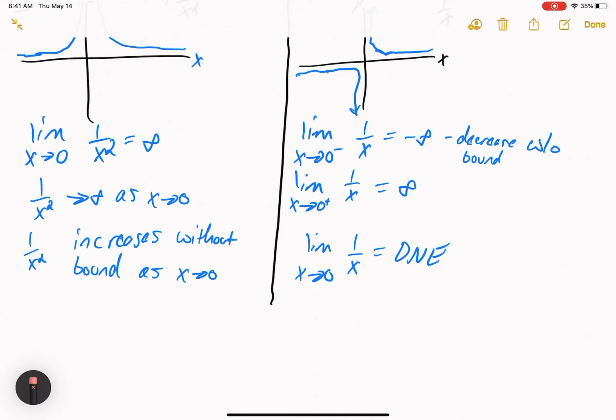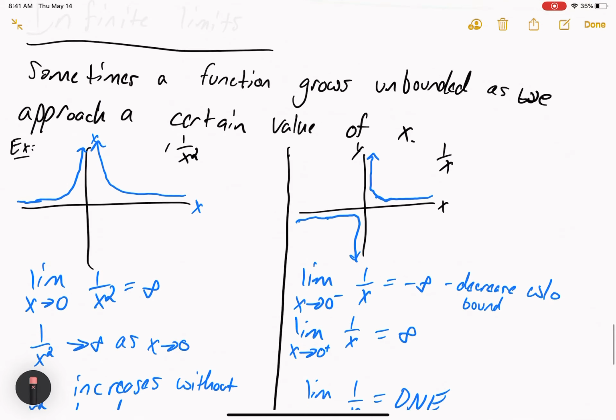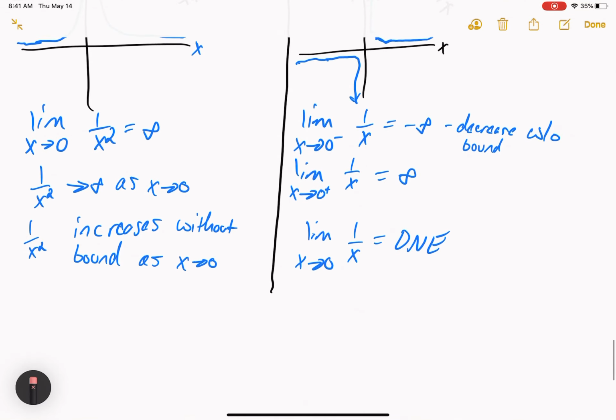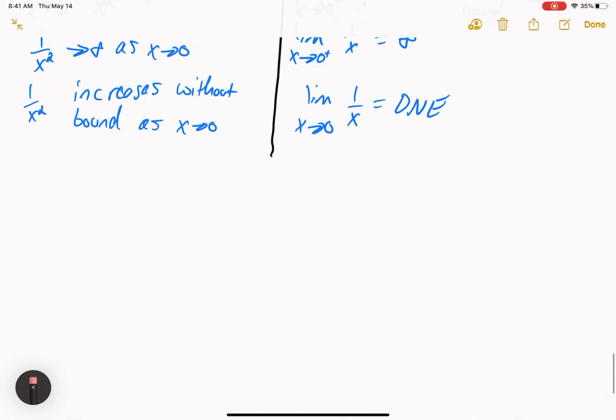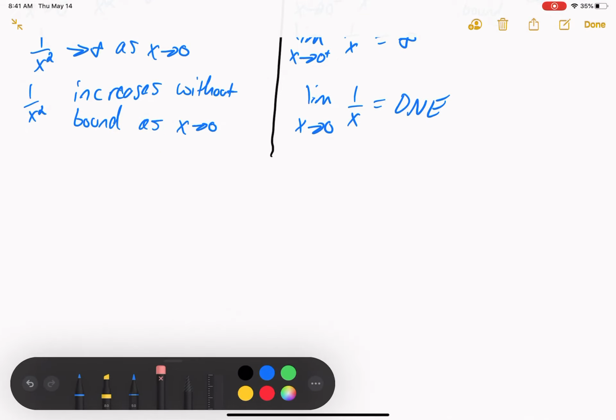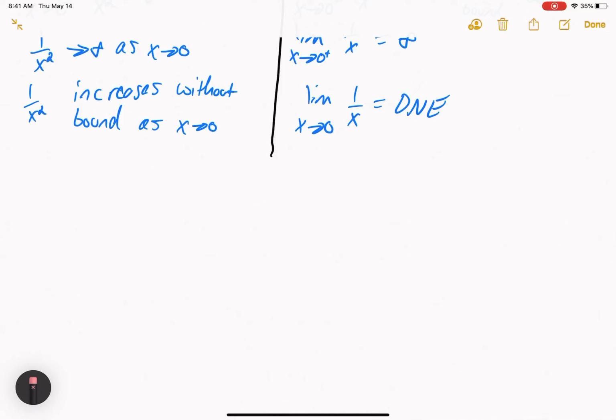One thing we should note in this case is that x equals 0 is a vertical asymptote. So let me clarify: you note that there's a vertical asymptote for those functions above.